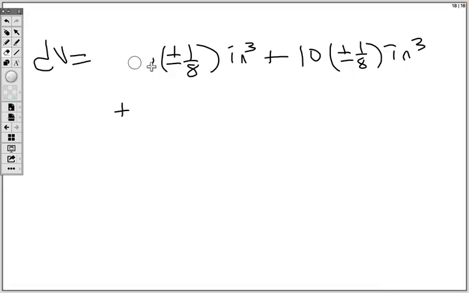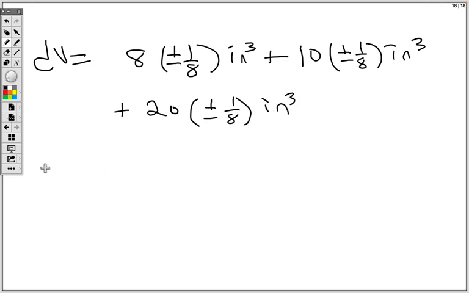Yeah, this should be 8. There you go. This one is going to be 20 times plus or minus 1/8. Once again, inches cubed. So we've got what? 18, 38. So I got plus or minus 1/8, 38 inches cubed.